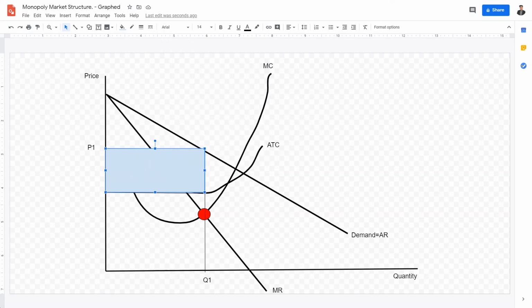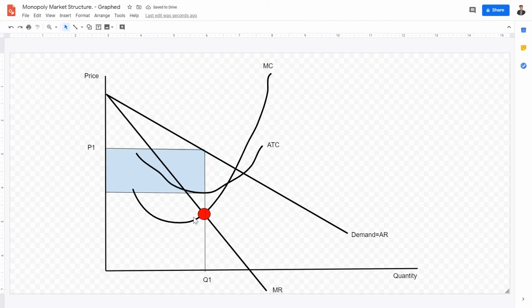This box right here shows the profit maximization. So this blue box shows the quantity of profit that is gained by the firm. Now remember, this blue box right here, not this part right here, shows the amount of profit the firm gains.